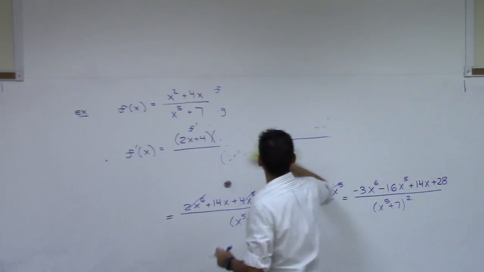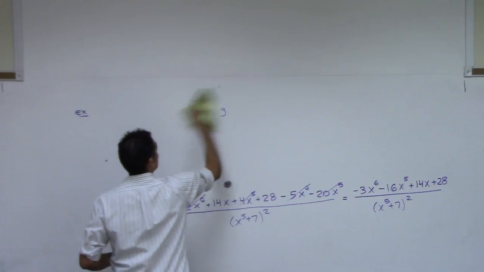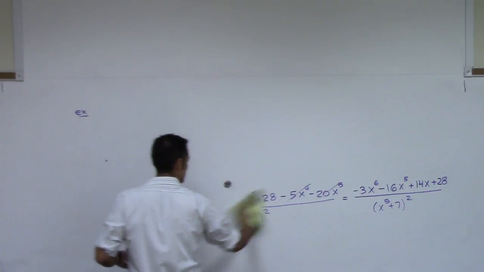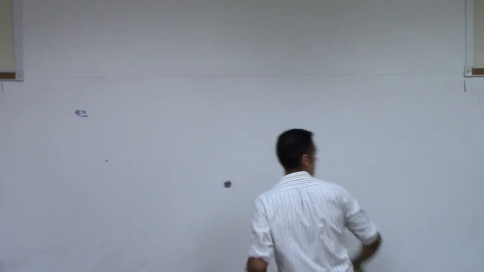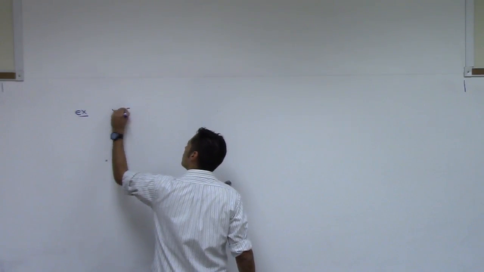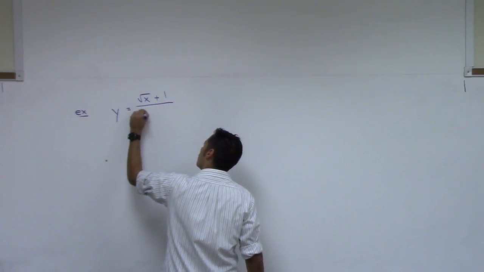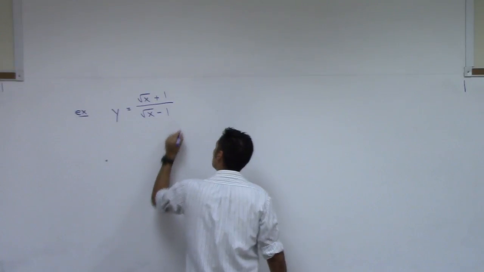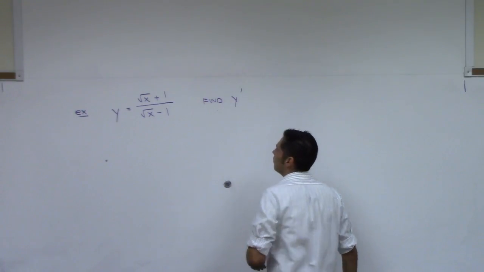Let's do some more. There's no such thing as doing too many of these problems. All right, some different notation here. Y equals root x plus 1 over root x minus 1. Want us to find y prime.